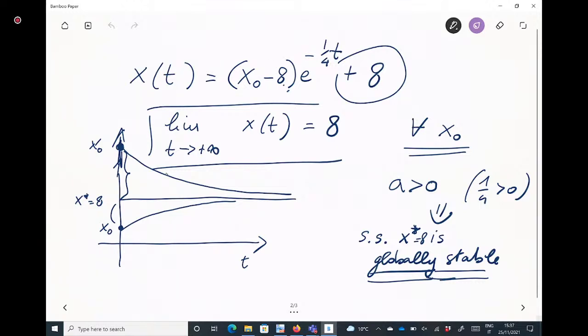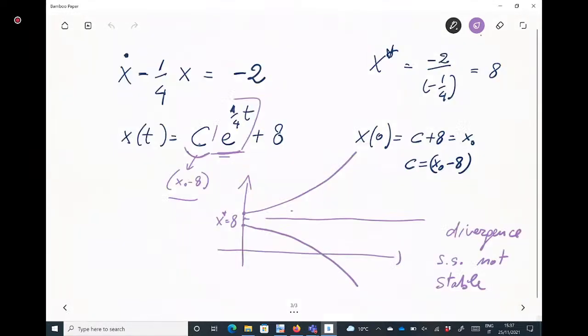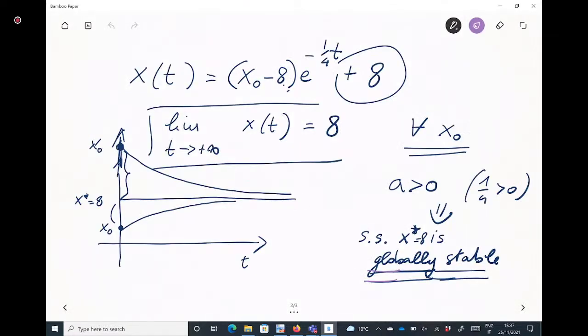If A is positive, we have stability of the steady state, global stability. If A is negative, we have an unstable steady state. And any other system of this type is like this, okay? So there are no particular changes. I mean, everything is included in the solution formula in the general case.